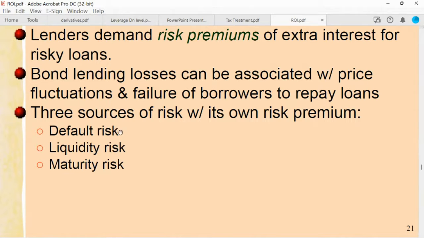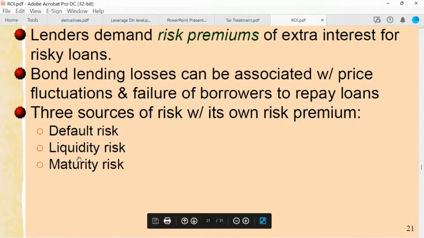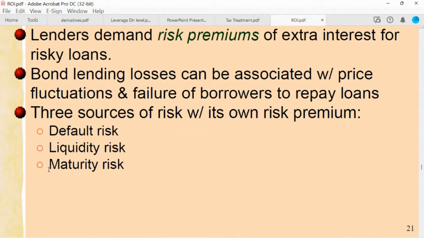The second risk is the default risk, and this is borrower specific. Liquidity risk is also borrower specific, and maturity risk is also economy wide. It's across the entire economy, because I'm going to explain that later. Maturity risk is also called interest rate risk.